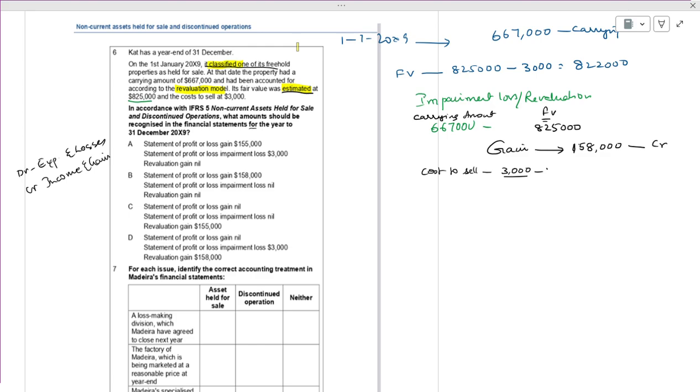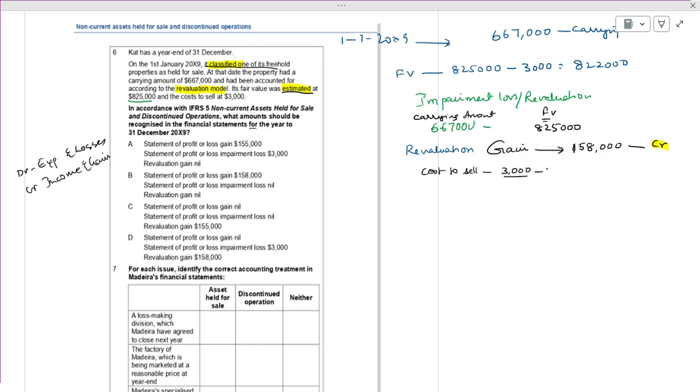They have revalued it, and they got how much gain? Revaluation gain is 158. Cost to sell is 3000.